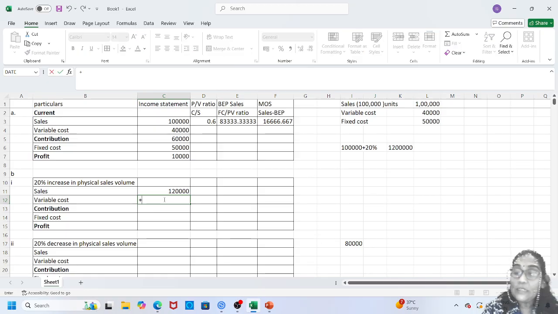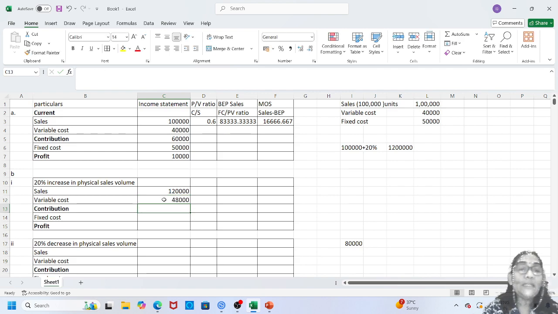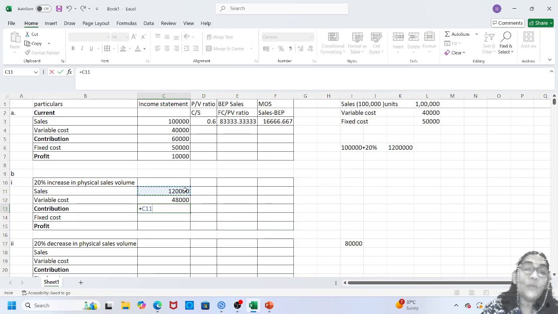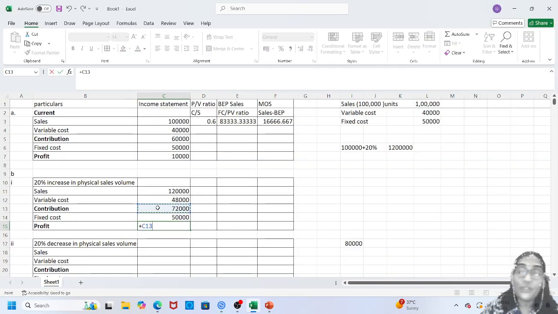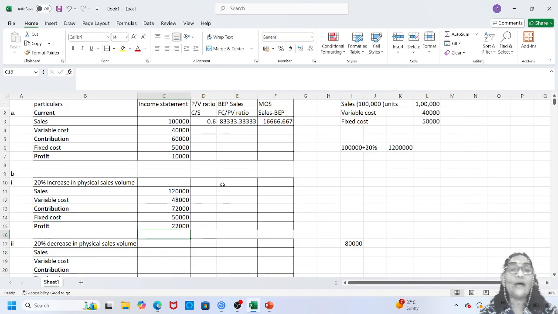So initially it was 40,000, which will now increase by 20%. So now it will become 48,000. Contribution will increase, that is sales minus the variable cost, it will become 72,000. Fixed cost is the same, that is 50,000, and profits will be contribution minus the fixed cost, that is 22,000.